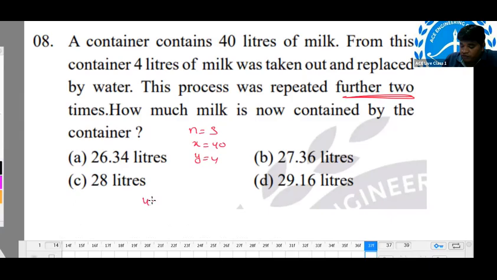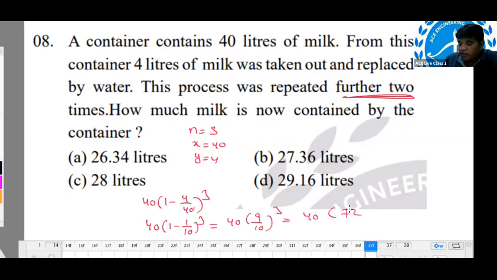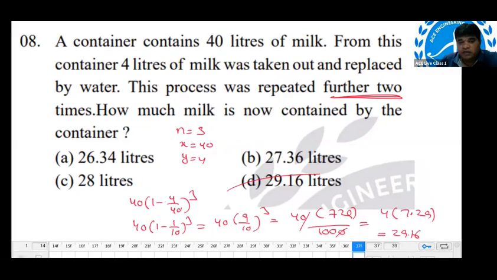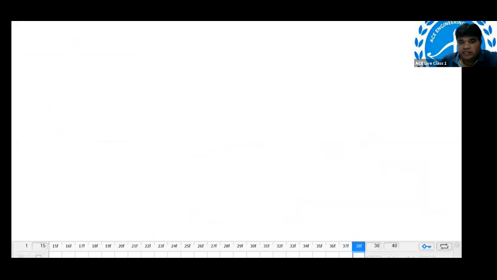So 40 into 1 minus 4 by 40 whole cube, so 40 into 9 by 10 whole cube. 9 cube is 729, 10 cube is 1000. 0 cancel, so 4 into 7.29 equals 29.16. Completed answer. If you don't know this concept, it is lengthy, line by line. Next.